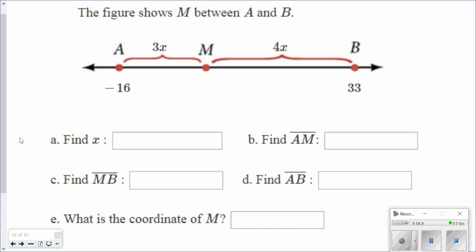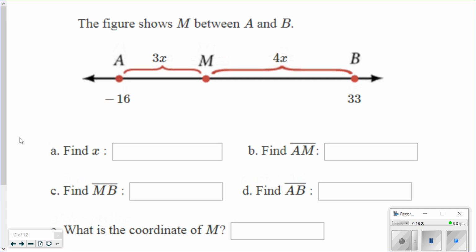All right, so let's look at our figure. What's different from this one compared to our last two problems is that we don't know this length. All the other ones have told us what that length is, but what it does tell us is that A is located at -16 on a coordinate grid, and B is located at 33 on the coordinate grid.